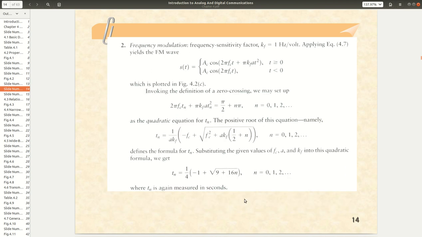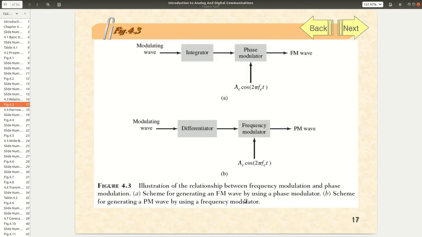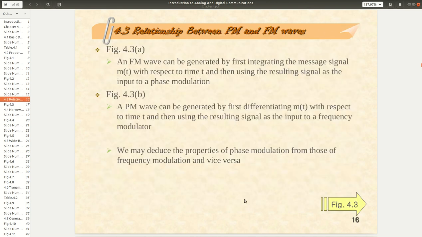Okay, so let's see the relationship between phase modulation and FM modulation. FM can be generated by integrating the message signal with respect to t, then going to a phase modulator. This is the FM.